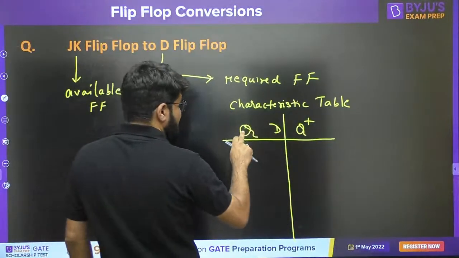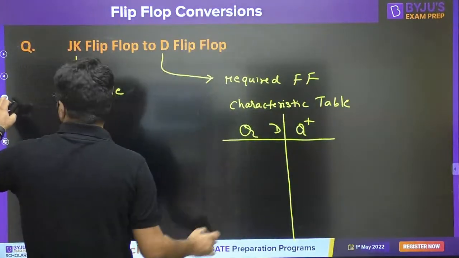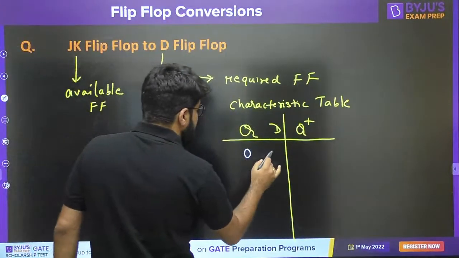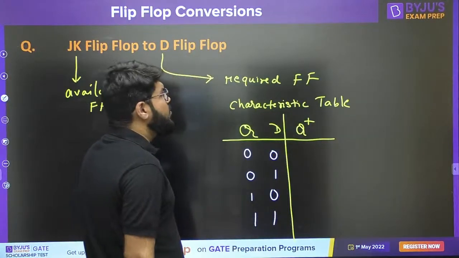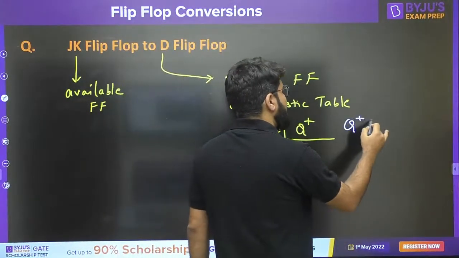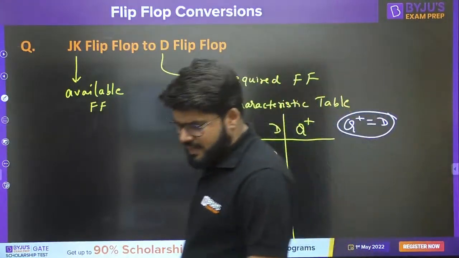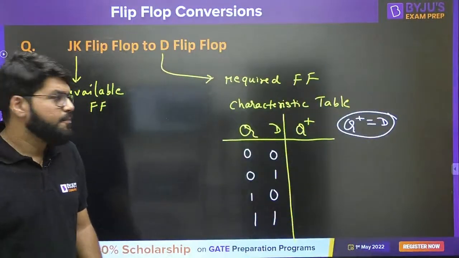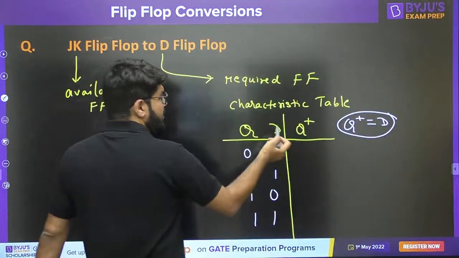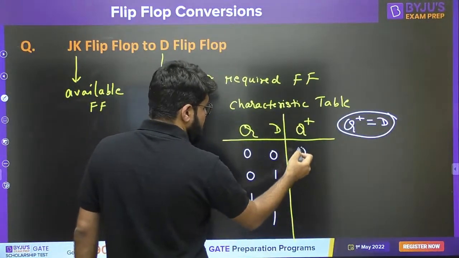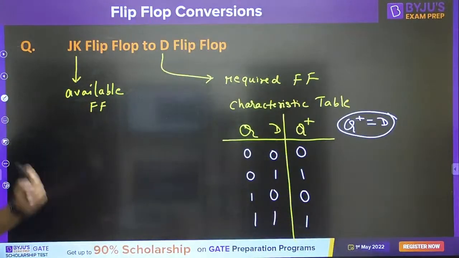There are 2 inputs, the current state Q and the external D input, and that will have 4 possibilities: 00, 01, 10 and 11. For the D flip-flop, the characteristic equation is Q+ = D. So it is a very simple characteristic table: whatever the D value is, just copy it to Q+. So 0, 1, 0, 1. My characteristic table is complete.